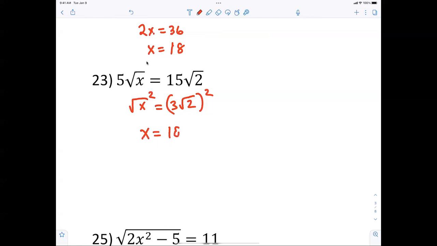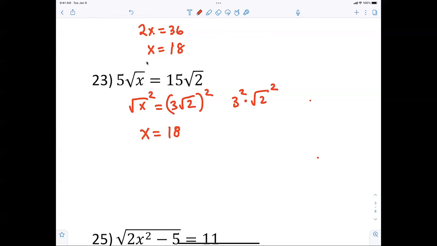Now, why do I know it's 18? Because you're squaring the 3 and squaring the radical 2, and then you're multiplying them together. Why am I multiplying them together? Because there's a multiplication sign in between them. It's not an addition sign. That's how I'm getting 18.